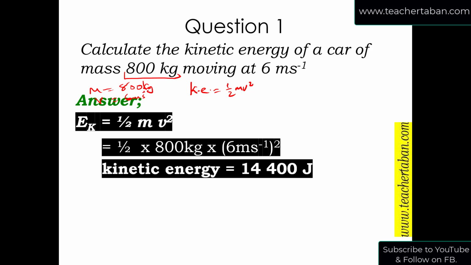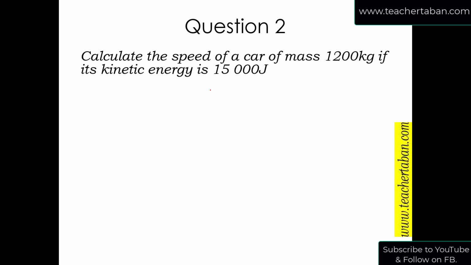Squaring and substituting into the formula, we get that our kinetic energy is equal to 14,400 joules. Number 2 says: calculate the speed of a car of mass 1,200 kilograms if its kinetic energy is 15,000 joules. In this case, we've been given that the mass m is equal to 1,200 kilograms, and the kinetic energy is equal to 15,000 joules.